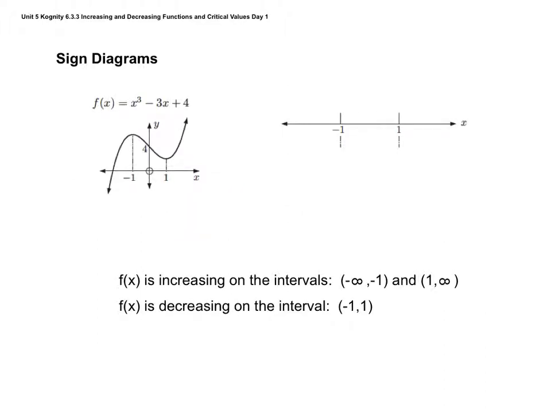So one of the tools that we use here is a sign diagram, okay? This is essential that you understand how to make these. The sign diagram. So we have this function x cubed minus 3x plus 4. I want to step you through how to make the sign diagram and then what that tells us about our functions.